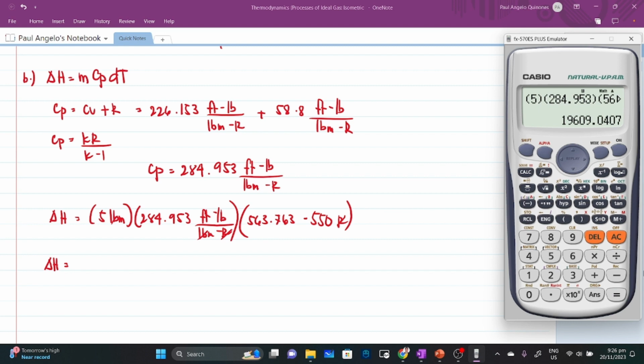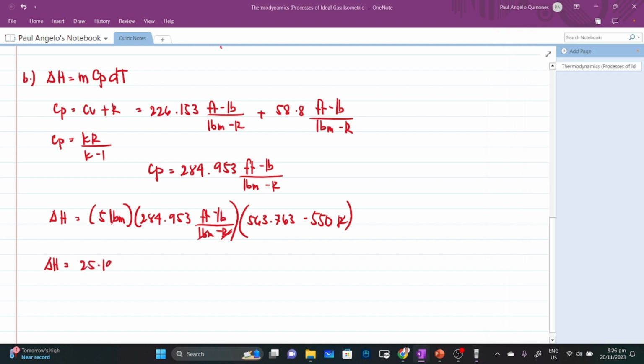So that is in terms of foot-pounds. Let's divide it by 778.16. Therefore, we have 25.199 BTU for our change in enthalpy.